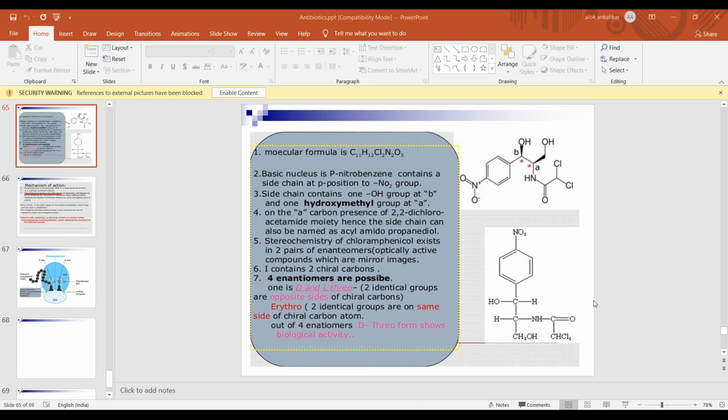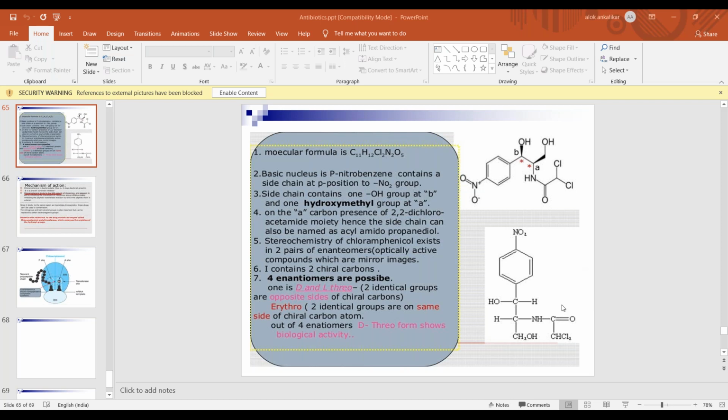Now this chloramphenicol was isolated from Streptomyces venezuelae, and this drug has a broad spectrum of activity. You can note down the structure of chloramphenicol.